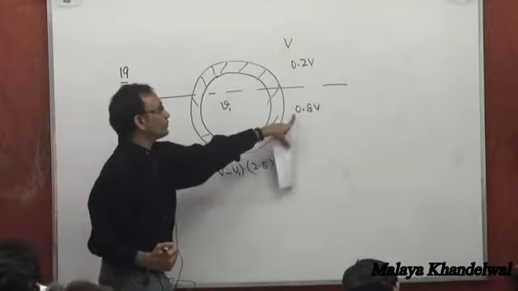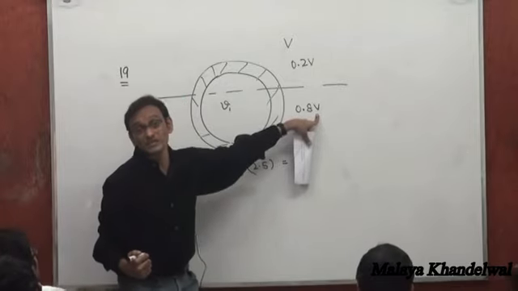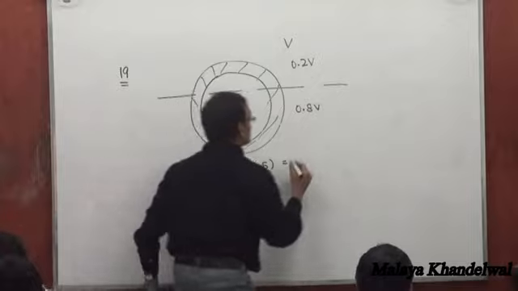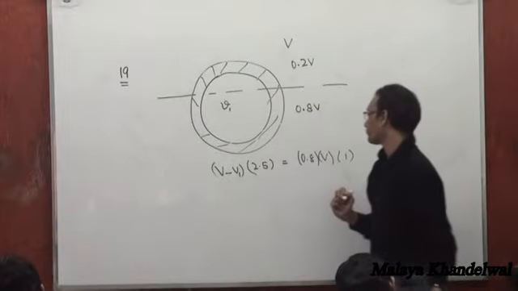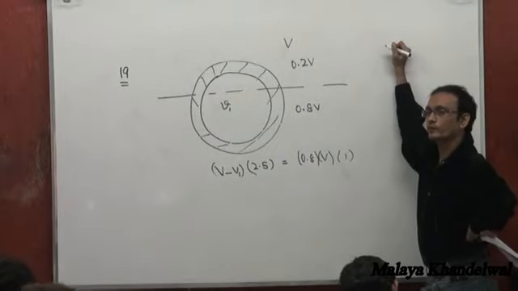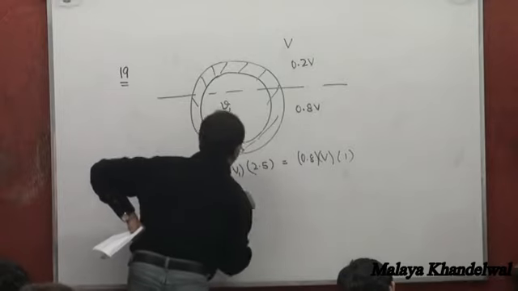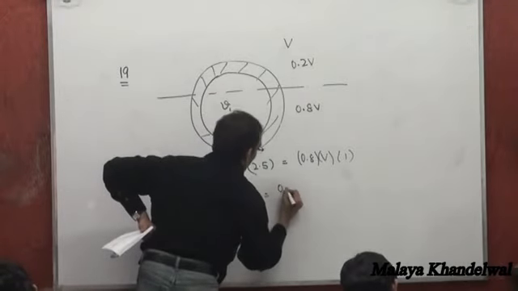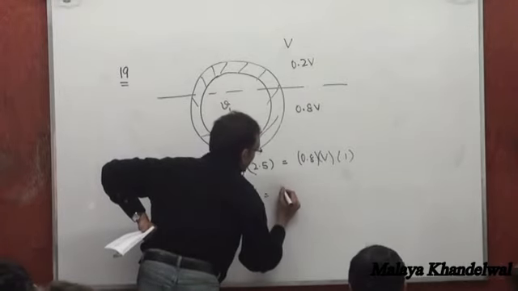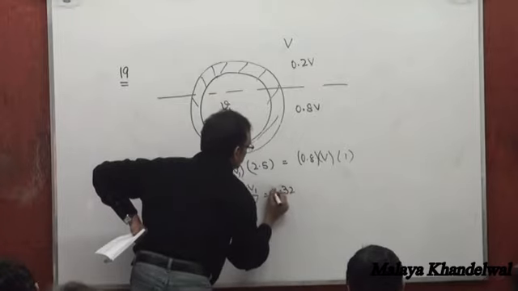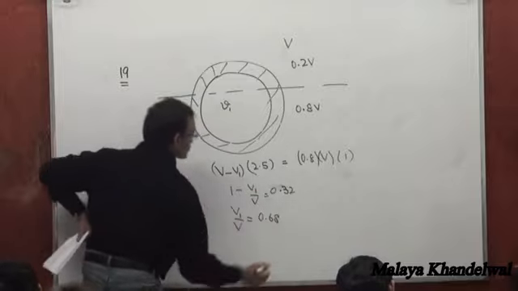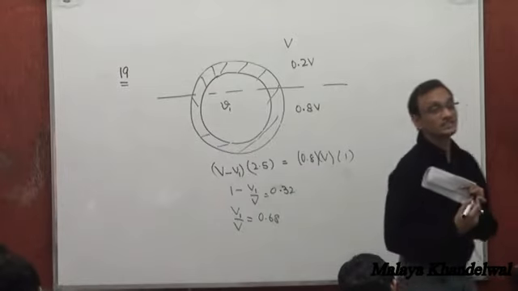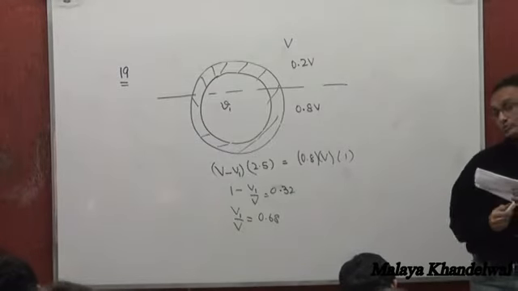This must be equal to the weight of the volume of water displaced, that means 0.8 times V into 1. That clearly gives me 1 minus V1 by V is 8 by 25, which is 0.32. So V1 by V is 0.68. So 68% of the total volume is the cavity.